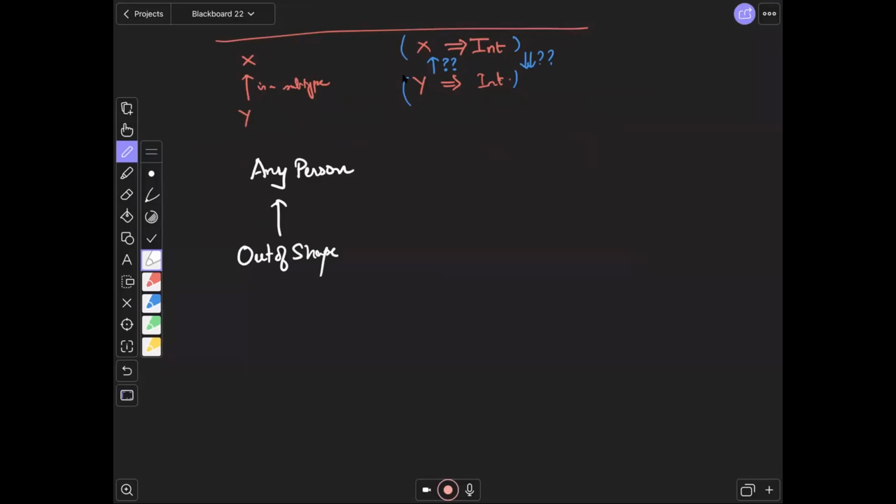I will tell you where I'm going with this. So you have the set of all people, and a set of very special people like me who are out of shape, who haven't exercised in a while, and who like eating cakes. Too many cakes. So now you have out of shape people and any people, and obviously there's a subtype relation.